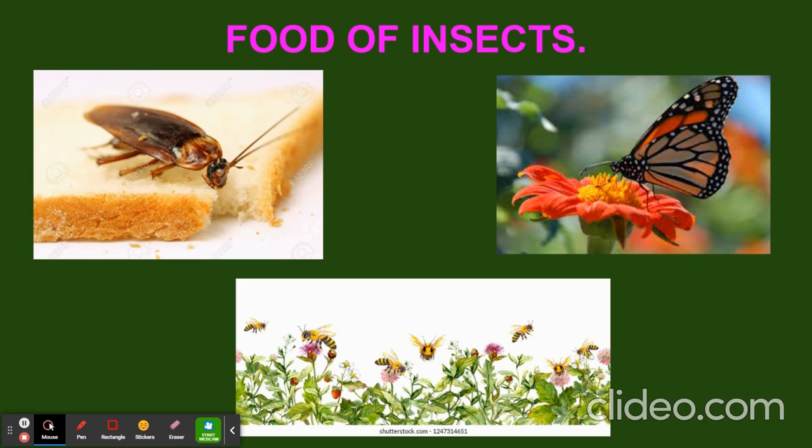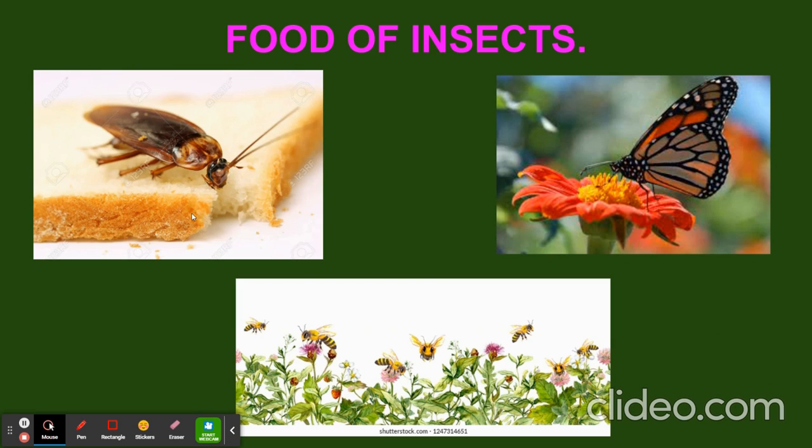Butterfly, grasshopper, and honeybee get their food from plants. Honeybee and butterfly suck nectar of plants. If you see here, it is sucking nectar from the flowers. Grasshoppers eat the leaves of plants, right?